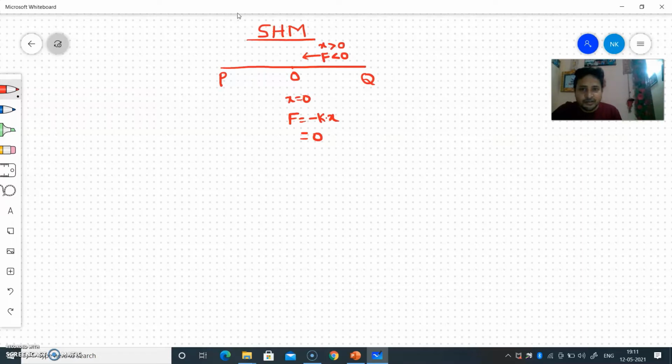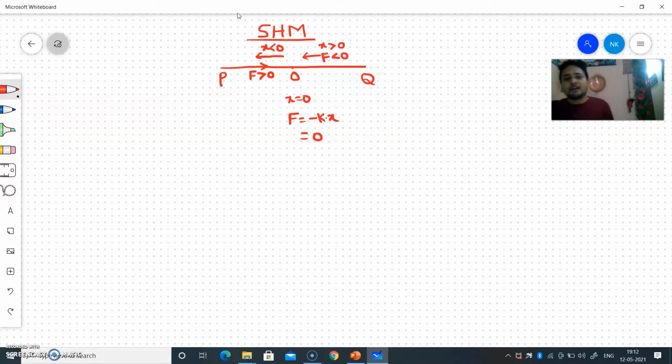Similarly, on this side, let's say the particle moves towards the negative side. So x is less than 0, x is negative, and the force will be positive, F greater than 0, acting in this direction. So the force is always directed towards the stable equilibrium position.